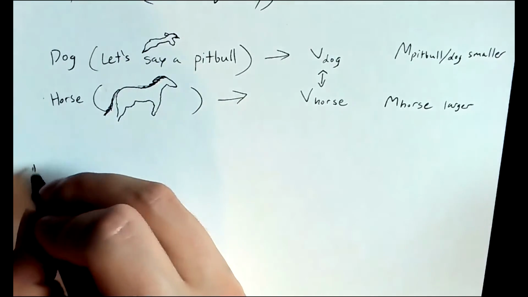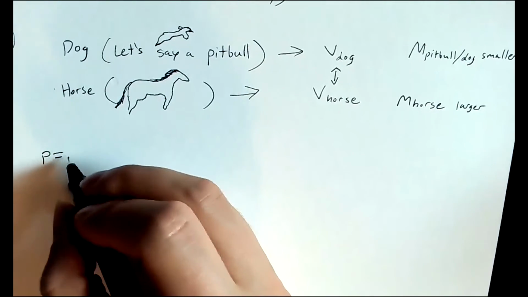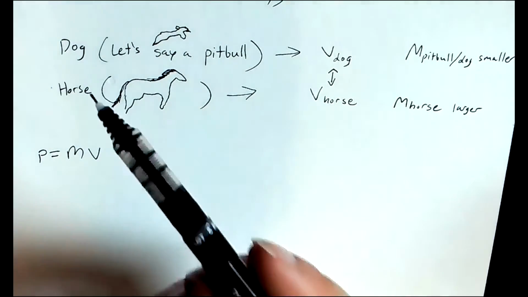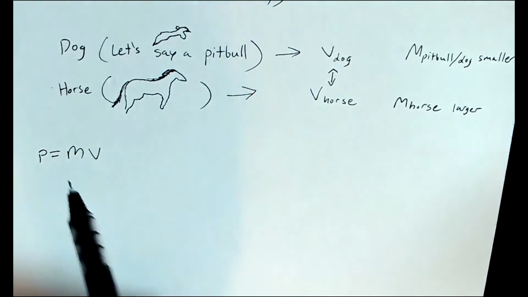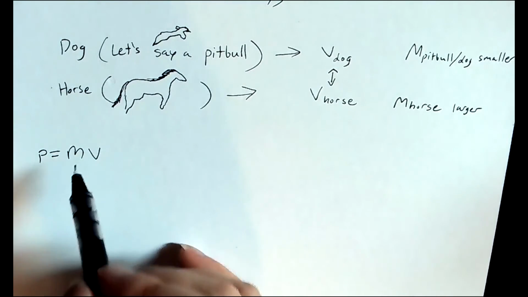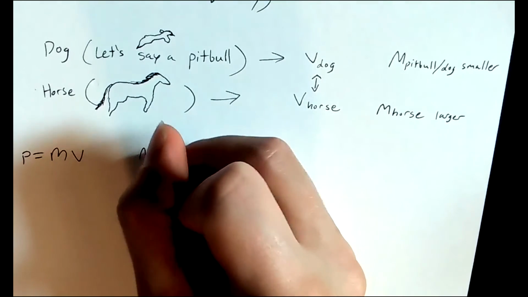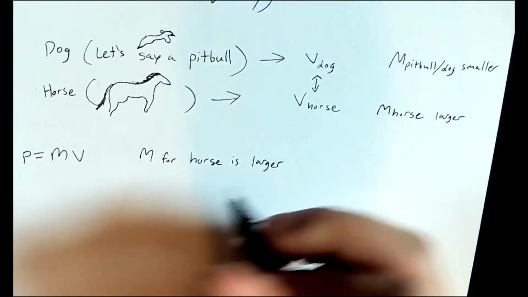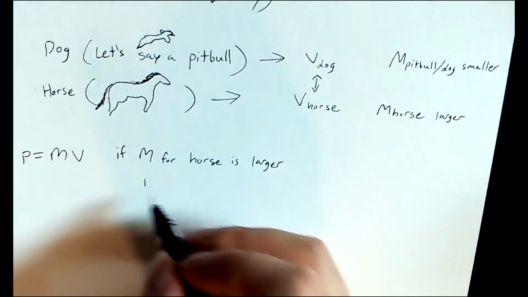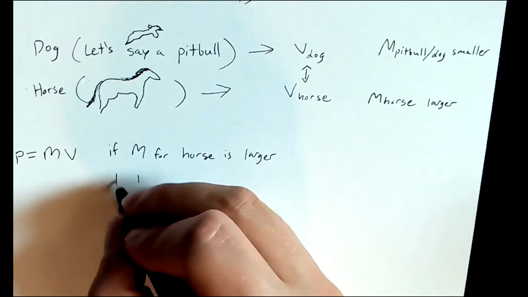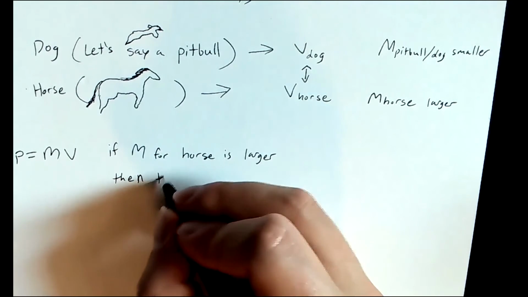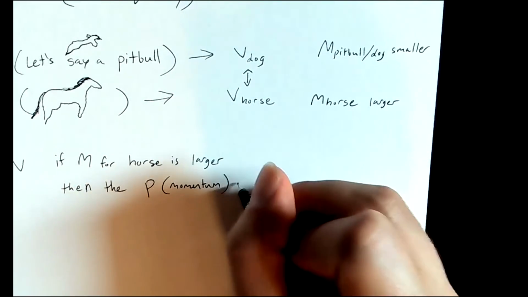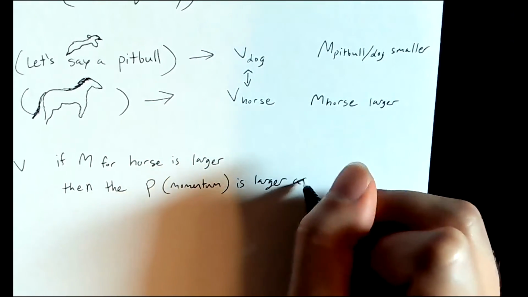So when it comes to momentum, we have mass times velocity. Well, if V is the same for both, but the horse is more massive, M for horse is larger. If the mass for horse is larger, then the momentum is larger as well.